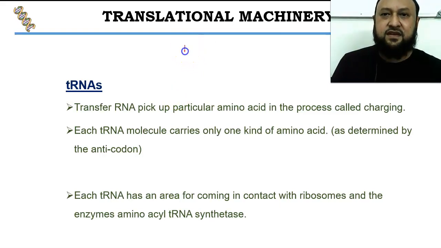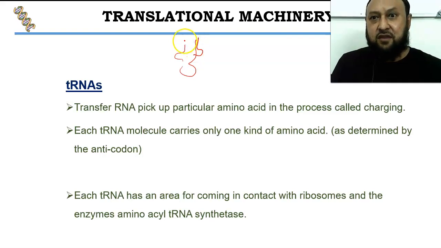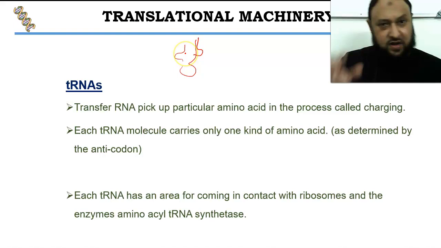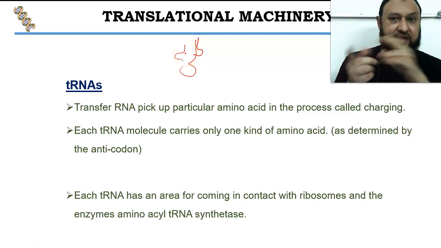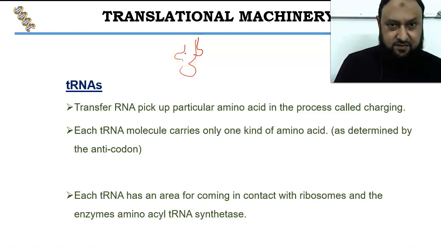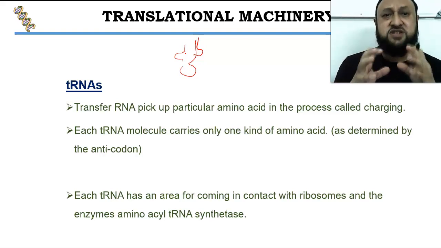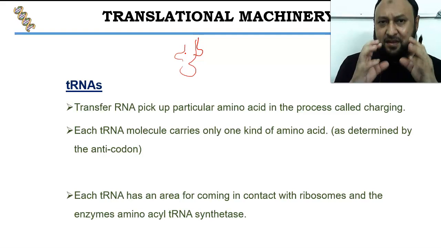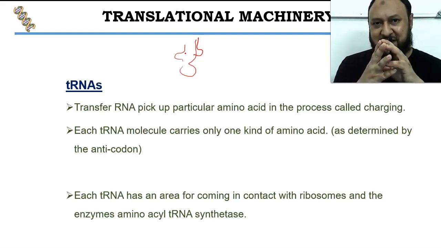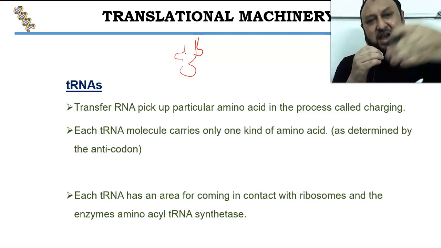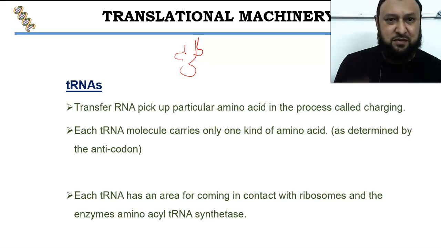For example, if this is the structure, there will be one site for the amino acid to join, and one site for the enzyme to react. The enzyme plays a role in the charging of the amino acid, so that the amino acid will join to the tRNA, which can be carried to the ribosome for the synthesis of the polypeptide chain.